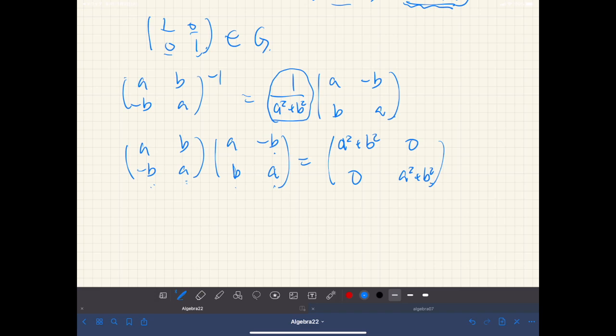So if we divide everything by this factor, then this is 1 and this is 1.